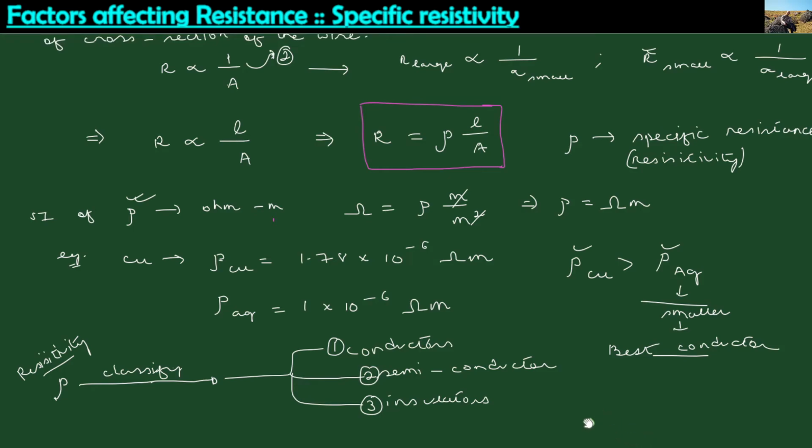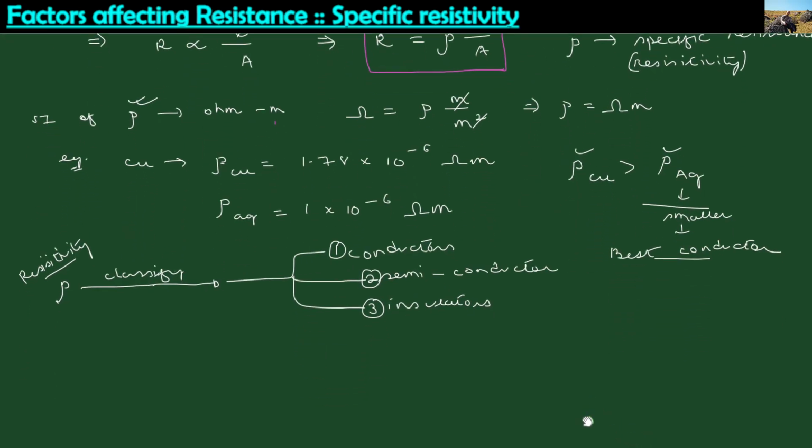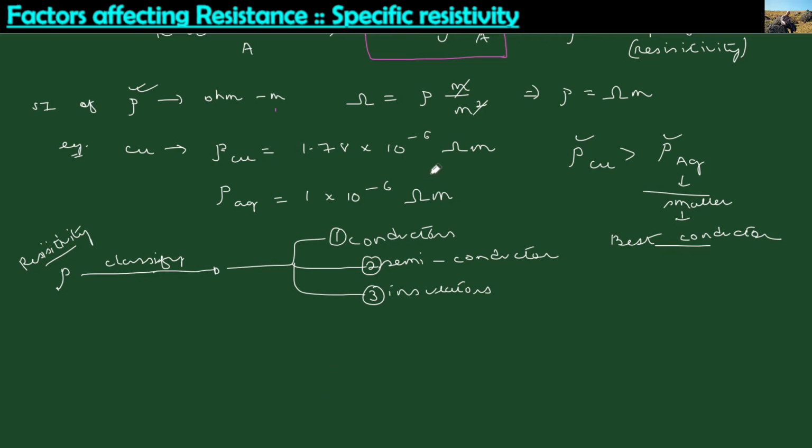Now also we should know that when you look at these conductors, that means resistivity is small. So always conductors will have small value of resistivity. Now there's another factor: if you take the reciprocal of resistivity, we define this as what? As conductivity, denoted by sigma.